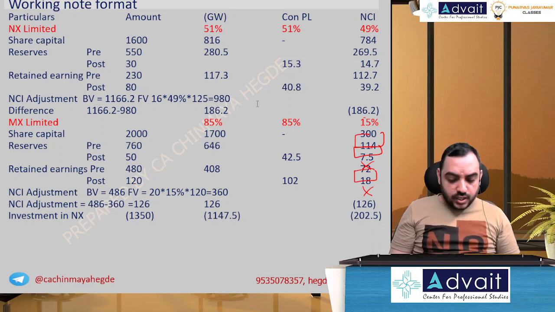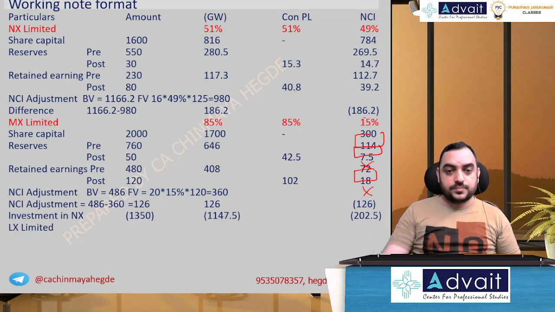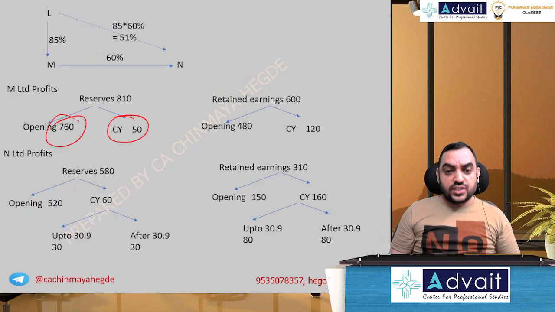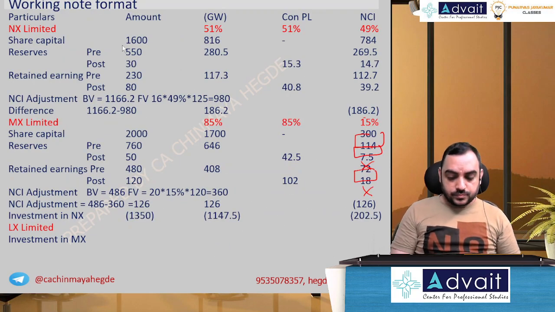So now we can do the last one, which is LX Limited, the holding company. That is investment in MX. That entire amount in the goodwill column, investment 2620. In goodwill column, entire amount.